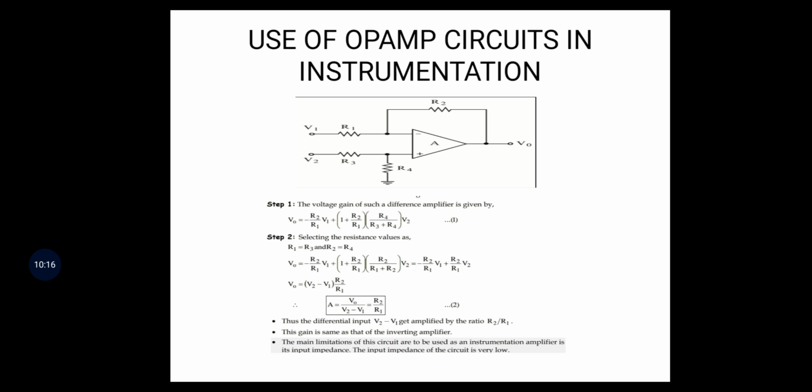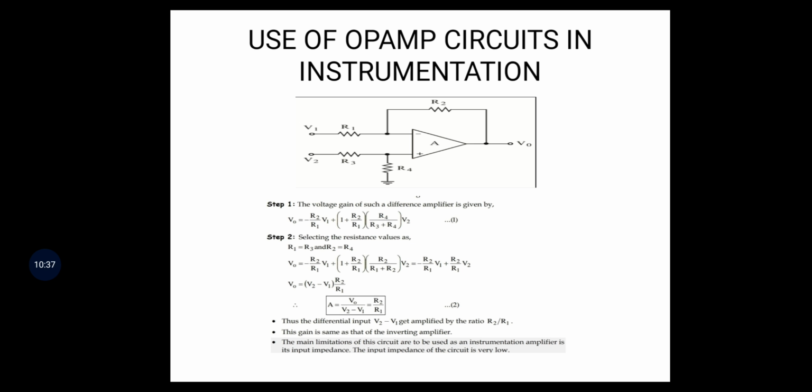The input voltages are V1 and V2. The voltage gain of the difference amplifier is V0 equal to R2 by R1 into V2 minus V1.